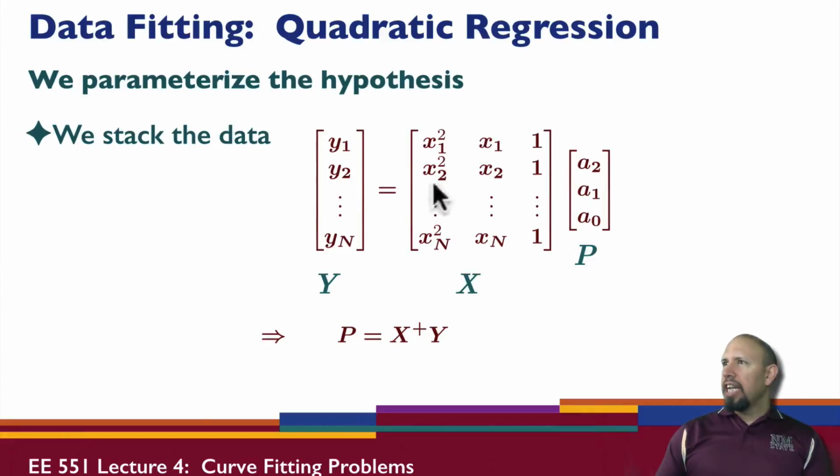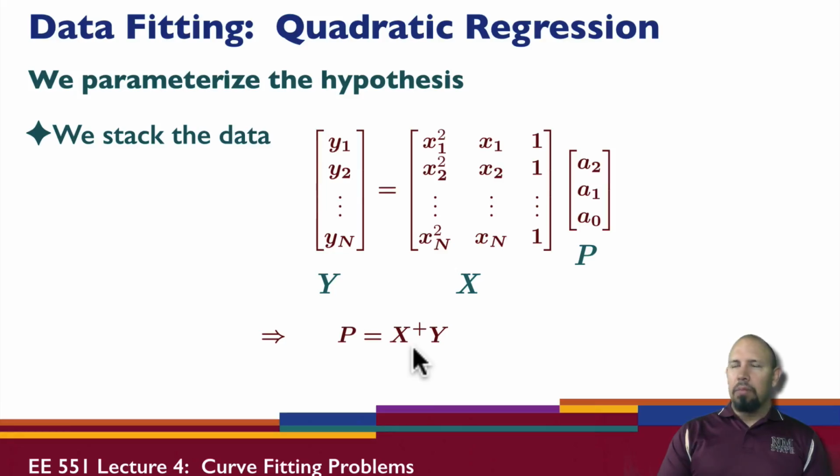Notice the x here is different than what we had before. We have this additional column, and the p is different in that there's an extra term. Before there were only 2 unknowns, now there are 3 unknowns. Again, we can solve this problem by taking p is equal to the pseudo inverse of x times y. We'll talk more about the pseudo inverse later.